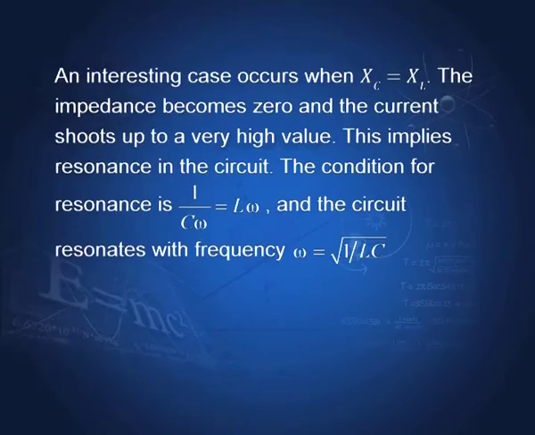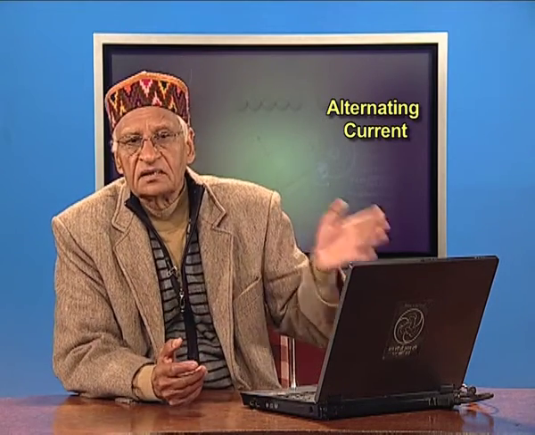The interesting case is when both are equal, Xc is equal to XL. If I put them equal, then we get omega equal to 1 by square root of LC. When this happens, you will see that the current shoots up, because the impedance is 0. However, we will see that there is no circuit in which resistance is actually 0.